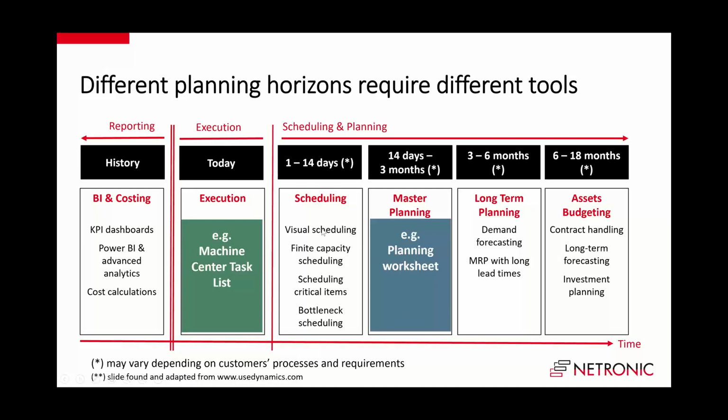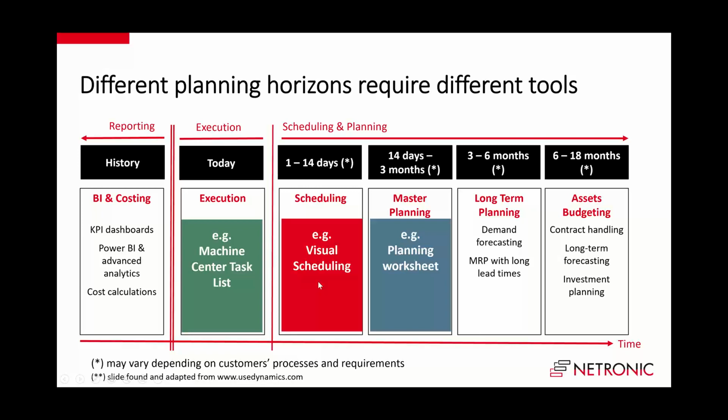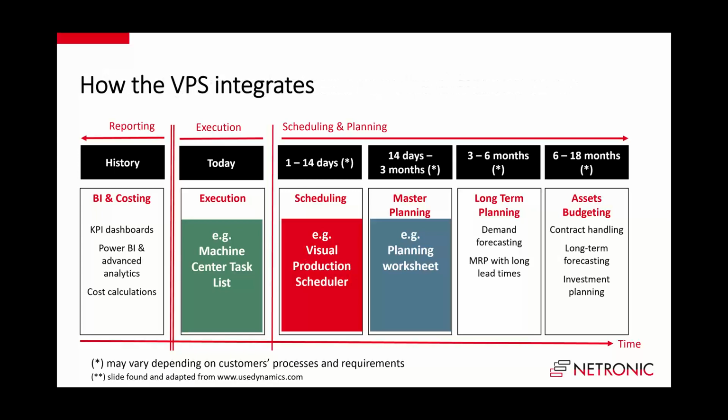And we provide the gap, so we provide the visual scheduling, and the tool we looked at is the visual production scheduler. Here it is really important to understand how the visual production scheduler integrates with the other tools that you get from Business Central.